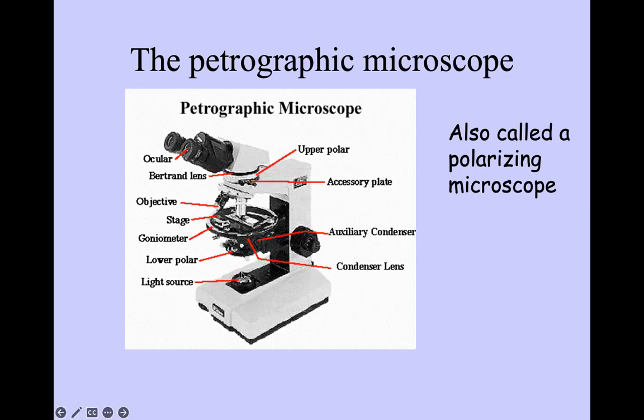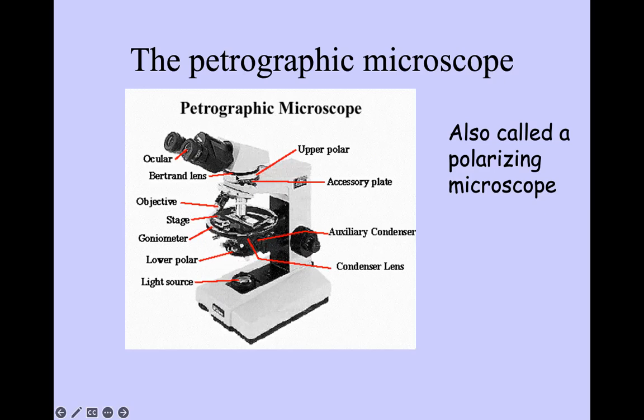But this lower polar is permanently fixed. You can't remove it, because if you remove it, your microscope will simply be converted into a biological microscope. That is the first polarizing unit.